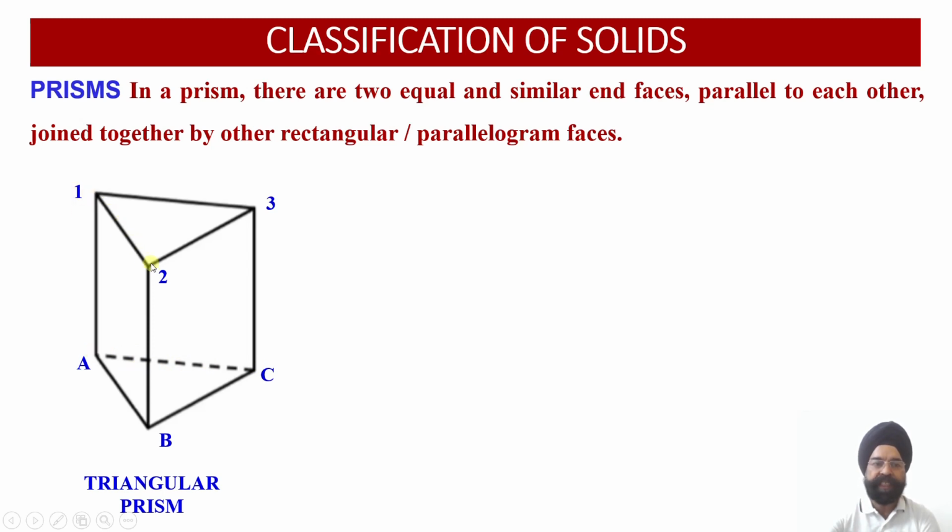The upper surface, that is the top surface, is 1, 2, 3. Again, these three points have to be joined. Then another thing we need to remember: A and 1 have to be joined with the help of a vertical projector. 2 and B have to be joined because this is the vertical edge of the solid. Similarly, C and 3 have to be joined because it is again the vertical edge of the solid.